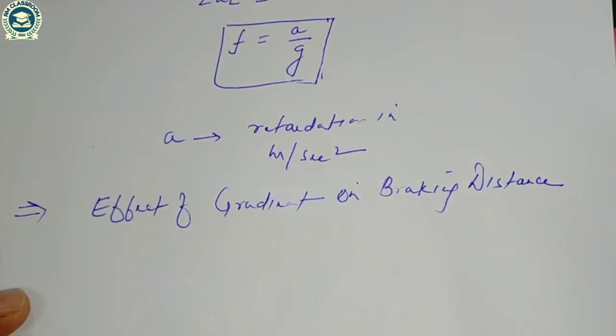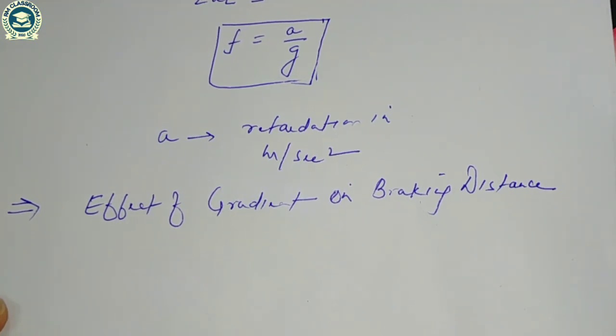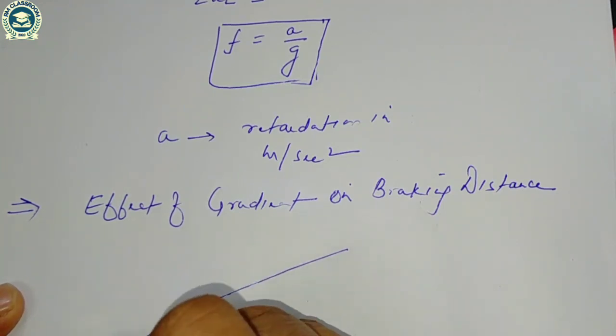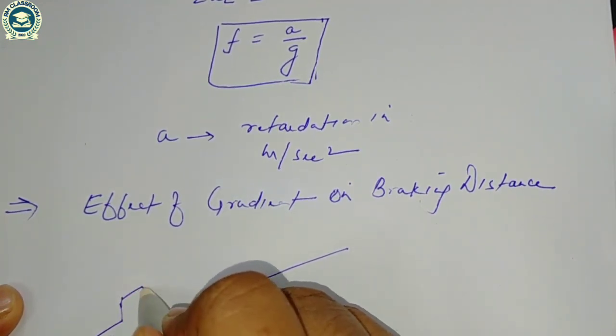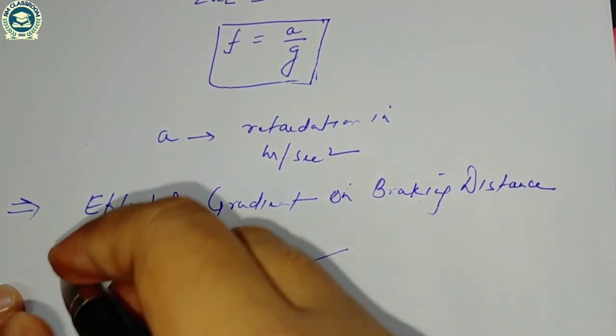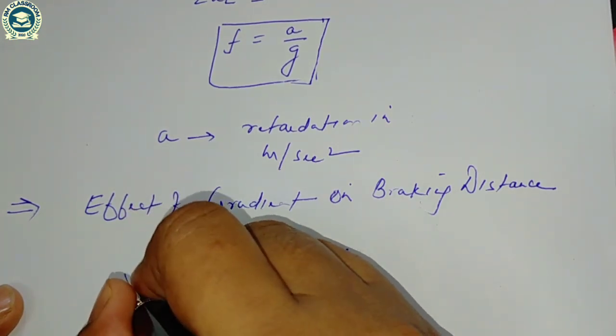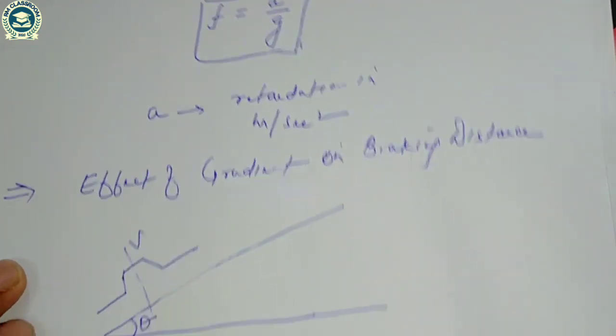So I am going to discuss the effect of gradient on braking distance. Let us assume this is our road, which is at an angle of theta. This is the vehicle, speed v.